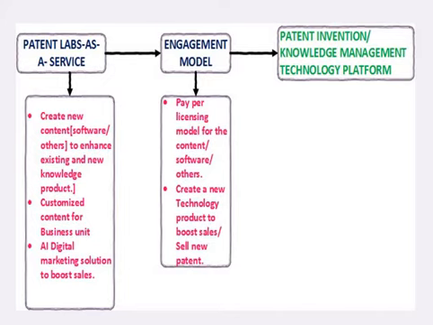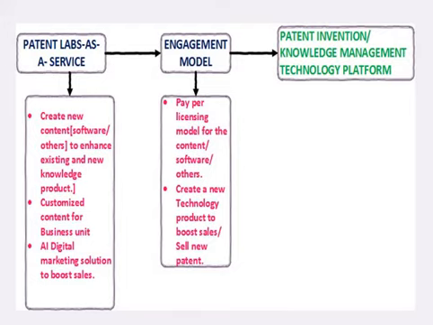The knowledge areas are the most important thing for me, where I have around 260 areas of knowledge ready to be converted for R&D to patent and then finally to revenue. Again, there is customized content for business units, and I work with your existing technology as well. And finally, the AI digital marketing solution which I have created is going to boost sales for you.